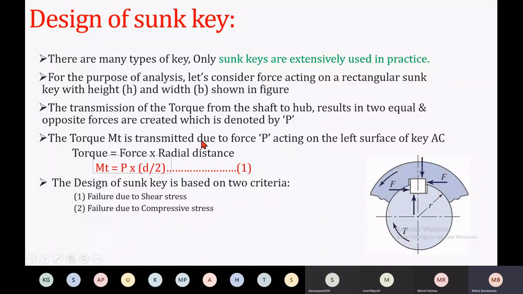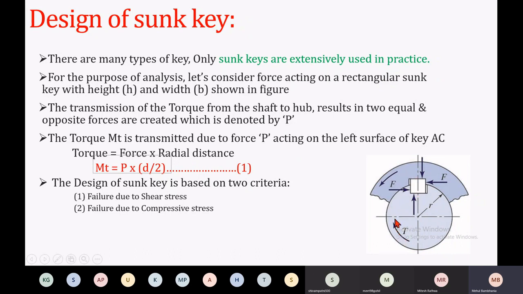Generally, the sunk key is widely used with height h and breadth b. When the shaft is rotating, it creates a torque, and that torque is transmitted through the key to the hub.